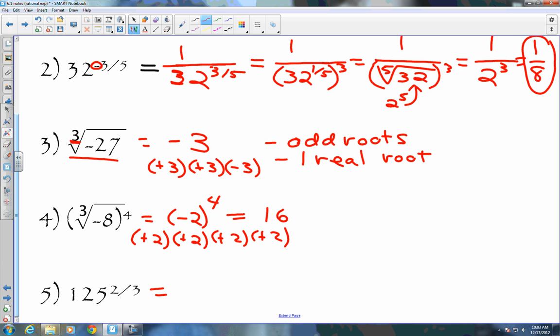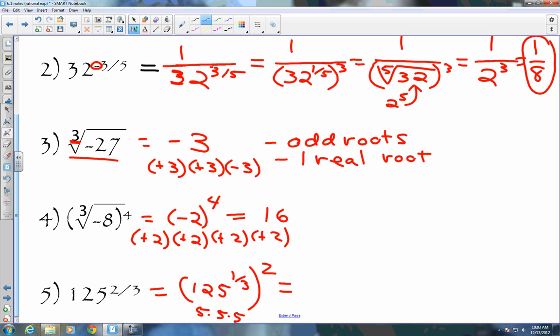Okay, last one on this slide, and then we're going to look at some different ones. Okay, 125 to the 2/3 power. Again, I'm going to break it into its different parts of the fraction. So I've got 125 to the 1/3, and that is squared. So 125 to the 1/3. What number times itself 3 times makes 125? 5. Okay, 5 times 5 times 5.